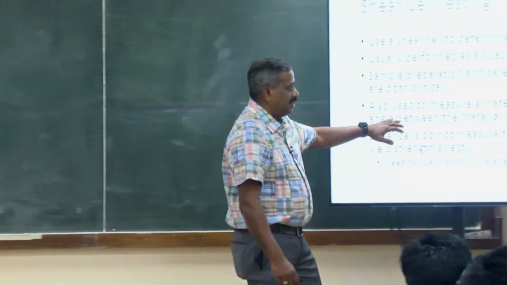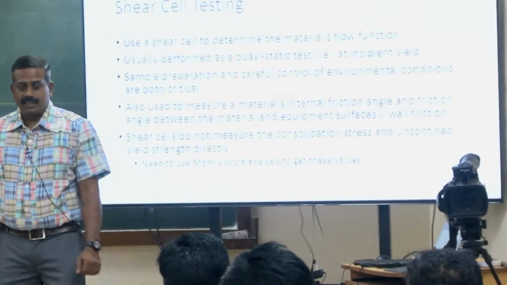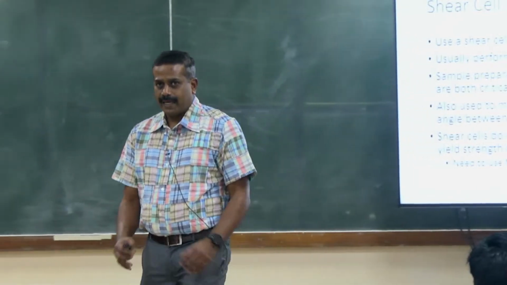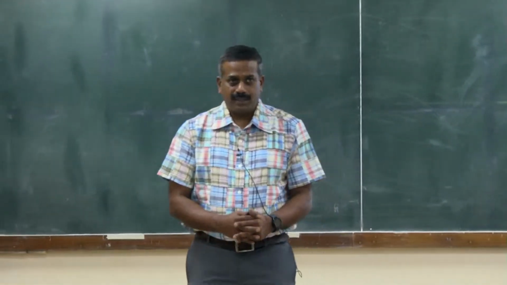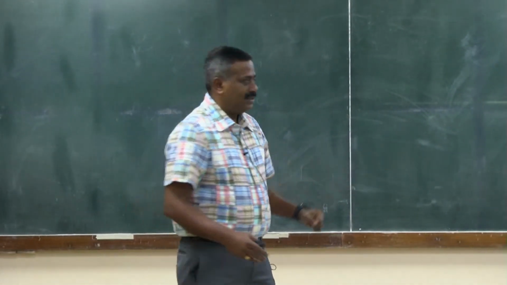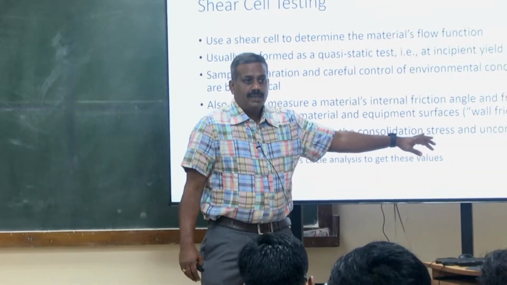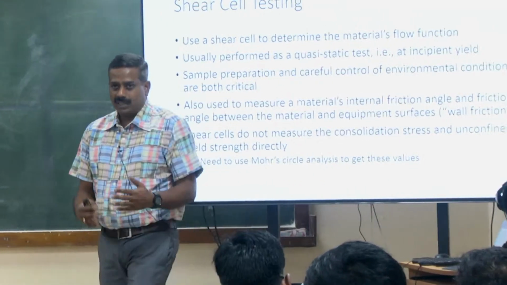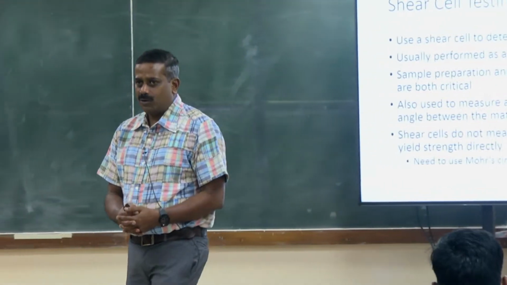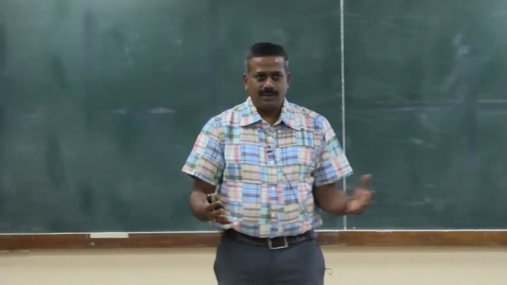Shear cell testing also helps with calculating the angle of internal friction. That's a derived property, not the coefficient of friction, and it also helps us calculate the wall behavior: how a powder interacts with different wall materials.